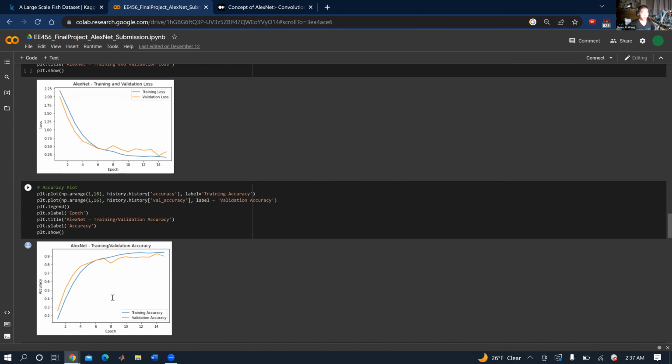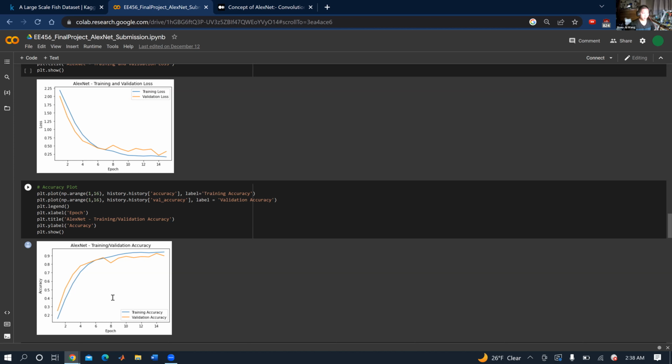Yeah. So as you can see, these are the loss and accuracy graphs of our AlexNet architecture. From the second graph, the training and validation accuracy, you can see the training metrics are ultimately better than the validation accuracy, and the validation accuracy is pretty horizontal, so there's no clear sign of overfitting.